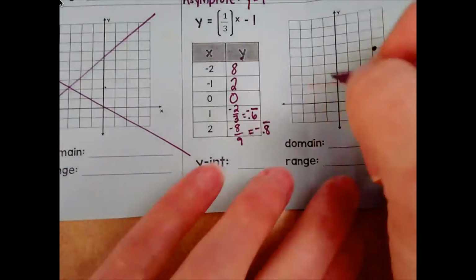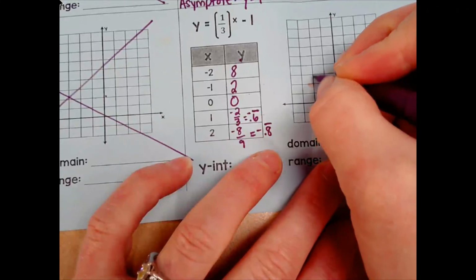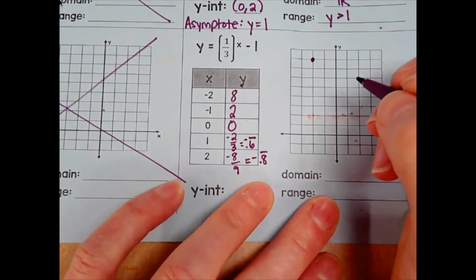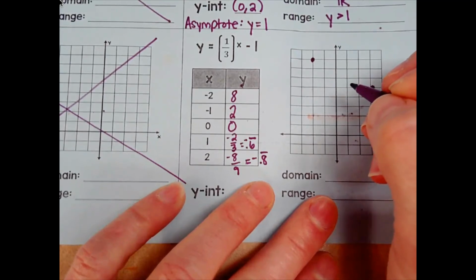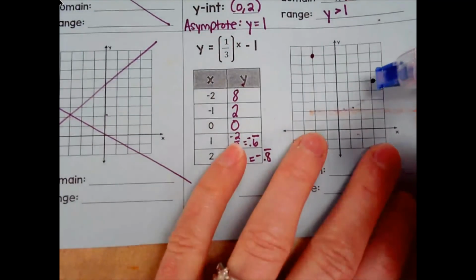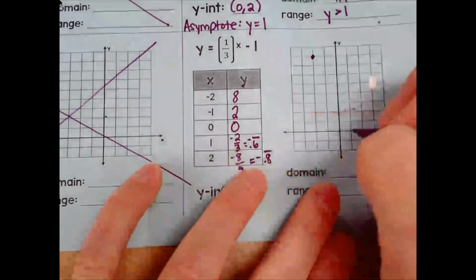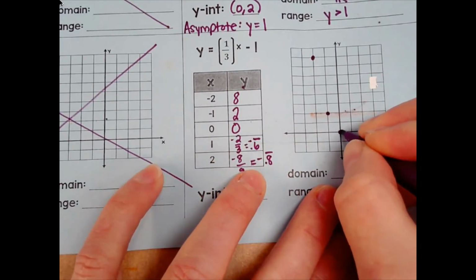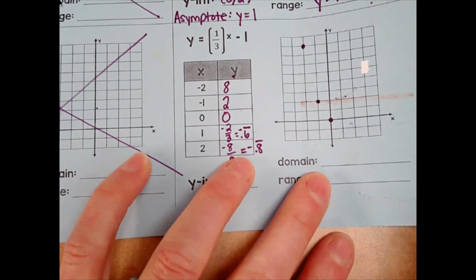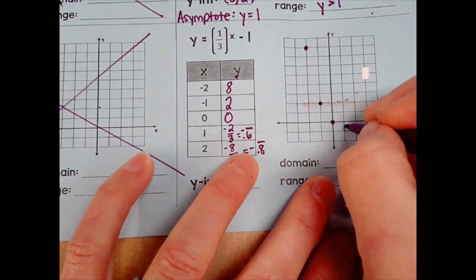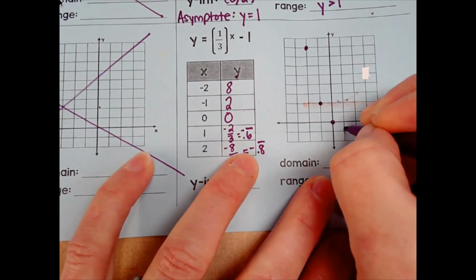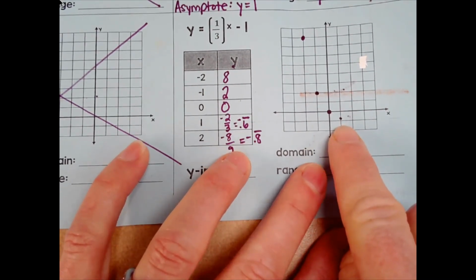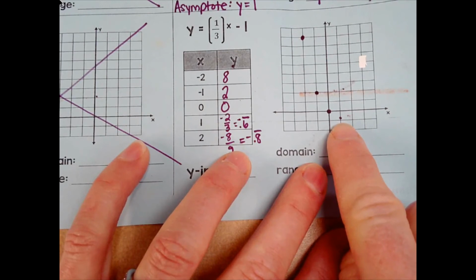So we'll plot those points. Negative 2, 8. Negative 1, 2. 0, 0. 1, negative 0.6. So it's going to be closer to negative 1. And then 2, negative 0.8.